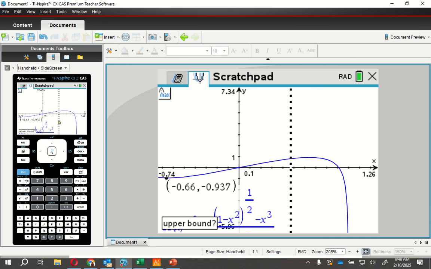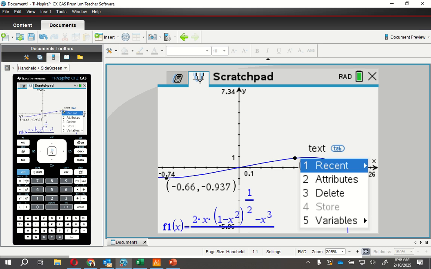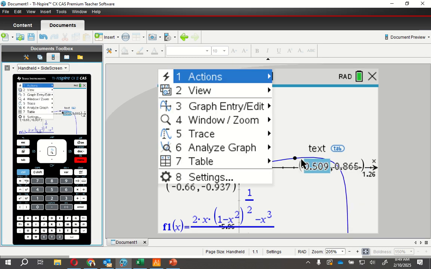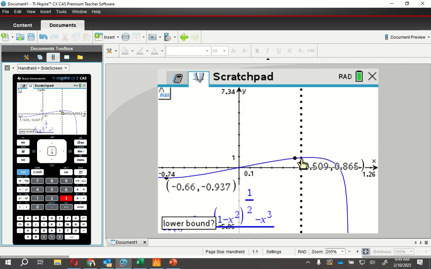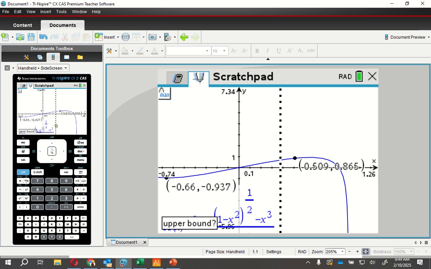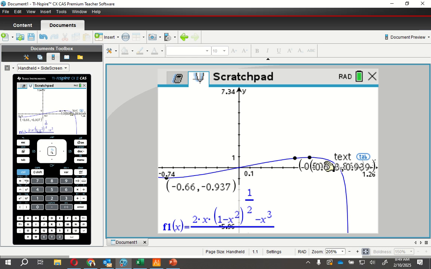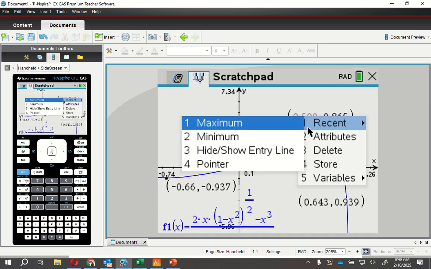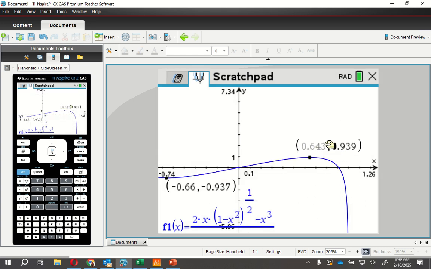Maximum. There you go. There's our maximum right there.